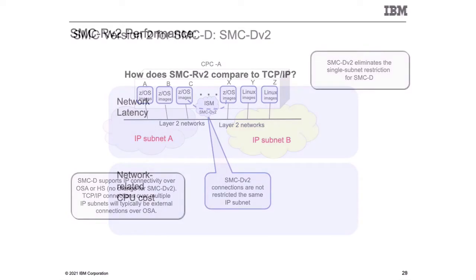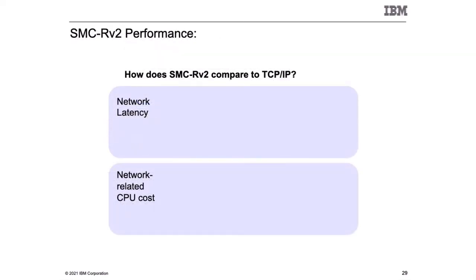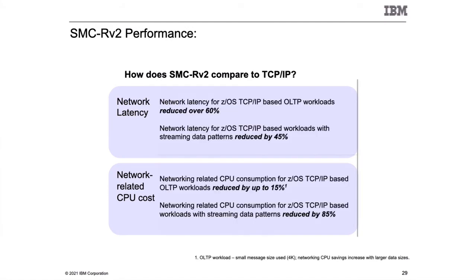So the obvious question is, does SMC-Rv2 provide the same performance benefits that the earlier version of SMC-R did over native TCP sockets, even when being routed through one or more hops? For persistent connection OLTP workloads, network response times are reduced by over 60% versus TCP-based traffic.